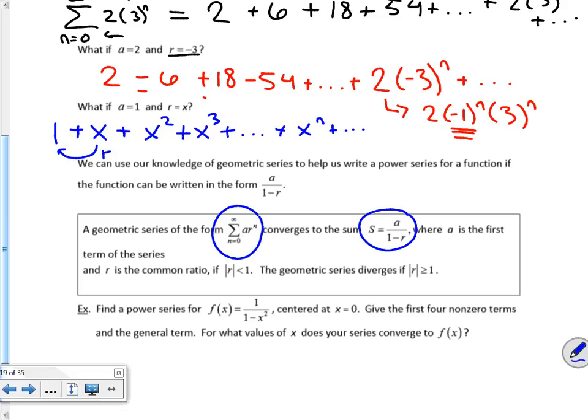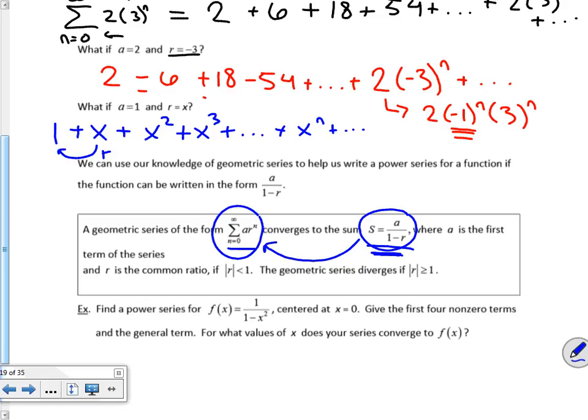So, the sum of an infinite geometric series is equal to a divided by 1 minus r, where a is that first term and r is that common ratio. What we are going to do in BC is treat this as a rational function and ask you to write a series for it. So kind of going the other direction that you did in Algebra 2 or before.